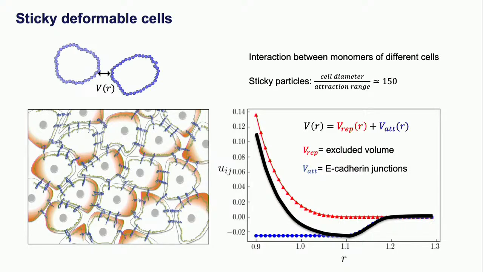Overall, the interaction potential between monomers of different particles is going to be 0 if they're far away, then you have some attraction, and then of course you have repulsion because you don't want interpenetration. The key point I would like to highlight is that this attraction range is very small compared to the size of the diameter. So the blue is very small compared to the particle size. So we are in the regime of sticky particles. The particles only interact when they're very close.